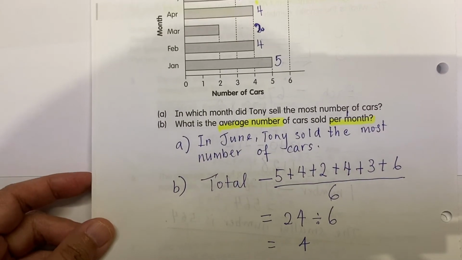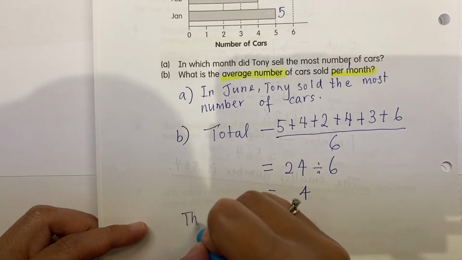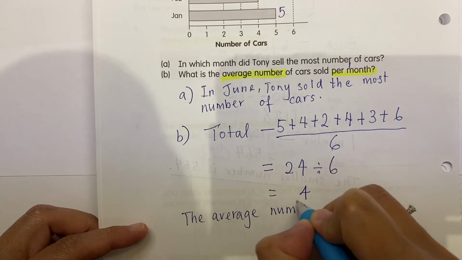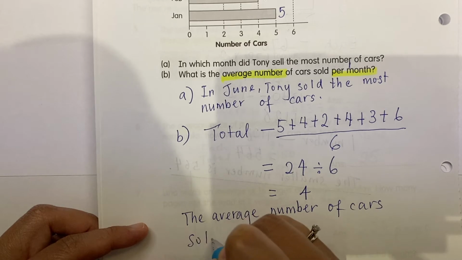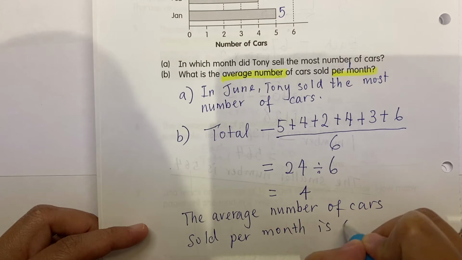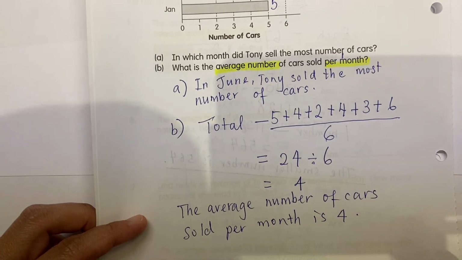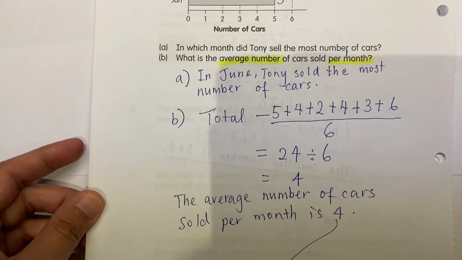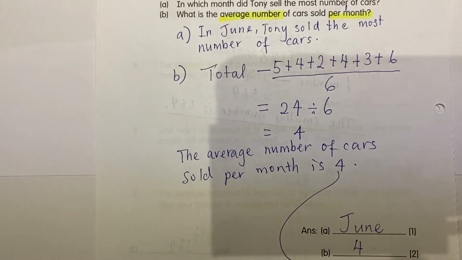So the average number of cars sold per month is 4. Okay, so your first answer is June and the second answer is 4. Right, is everybody okay? Right, so that's question 10.